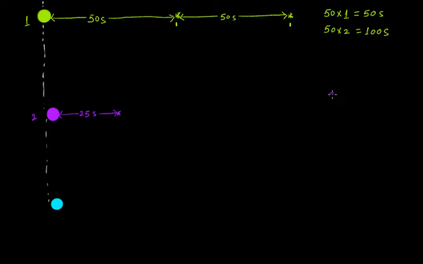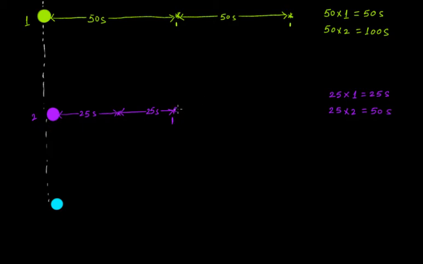It will again remain for another 25 seconds and change again. So 25 plus 25 is 50. First it changed at 25 seconds, and the next time it will change is at 50 seconds. So 25 times 2 is 50 seconds.